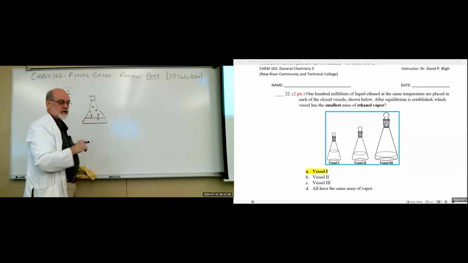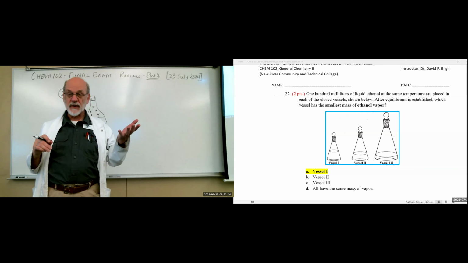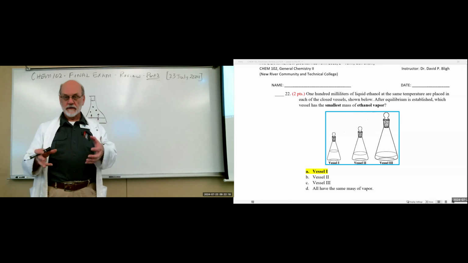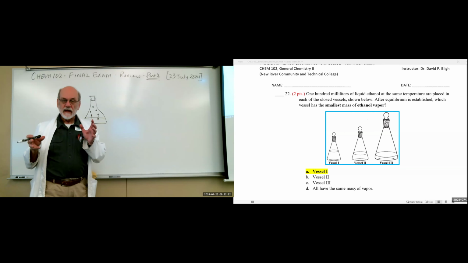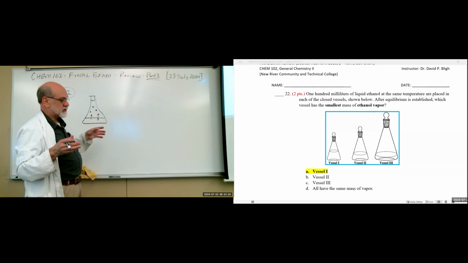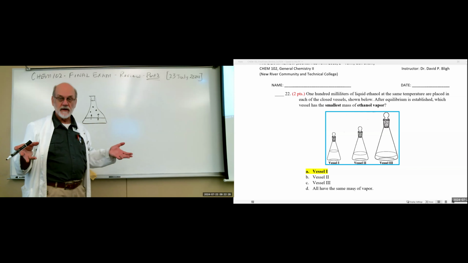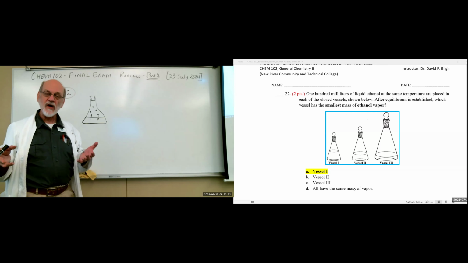So if you have a larger space, that means you need more gas molecules in that space to give you the same concentration that's required for the vapor pressure. So if you want to build up vapor pressure more quickly and with fewer gas molecules, you need a smaller vessel.